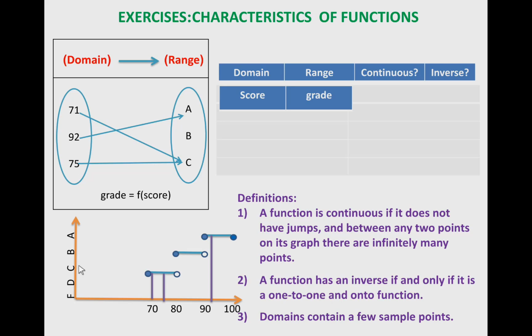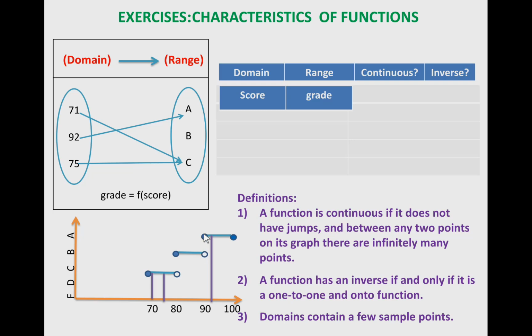Here is the graph of the function. There are a few points that we have to pay attention to. We have the function defined between x equals 70 and x equals 80, not including 80. We also see that the function is defined from 80 to 90, not including 90.